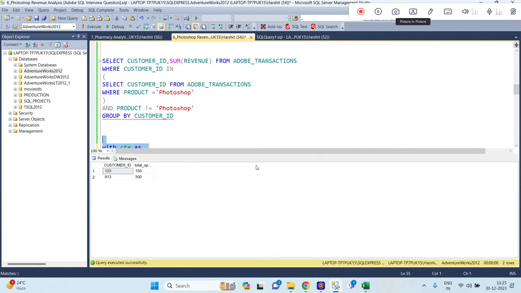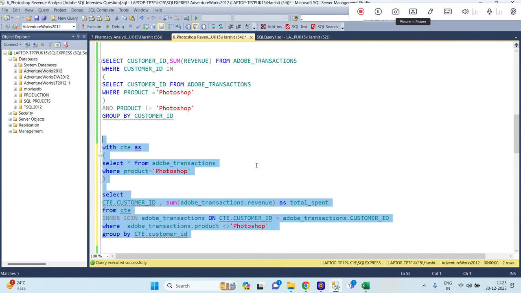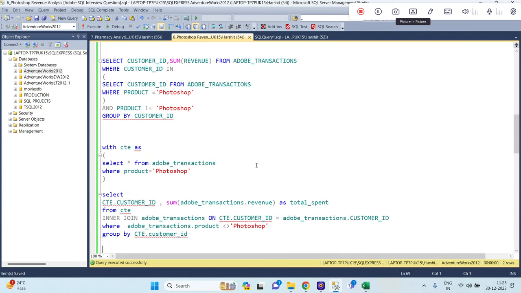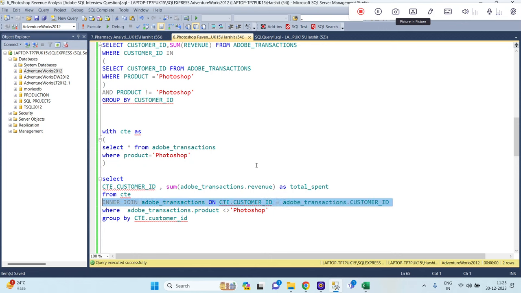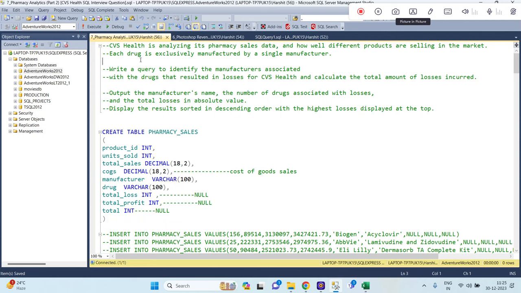Okay, now it is giving a perfect result. We have to do a join, right? Without this join, it is not possible. Okay, let's move ahead with the next query.